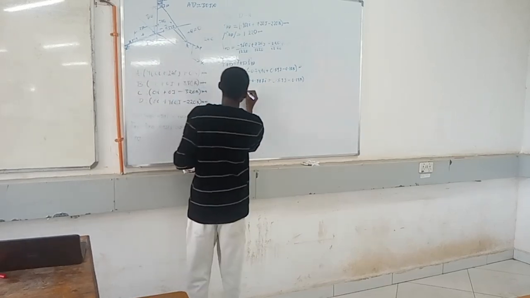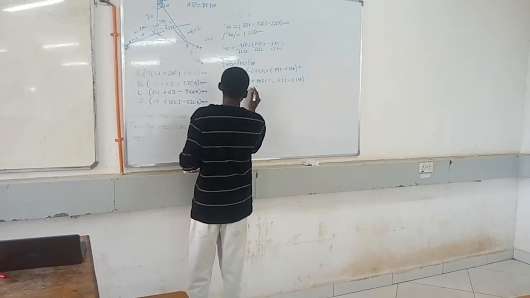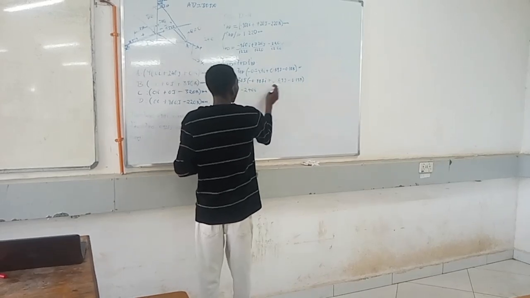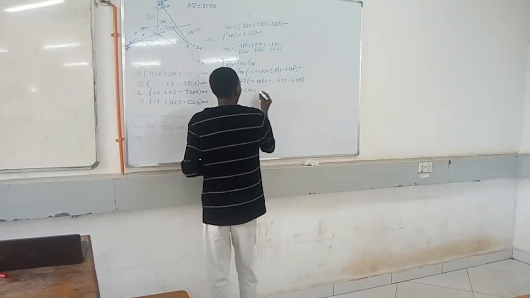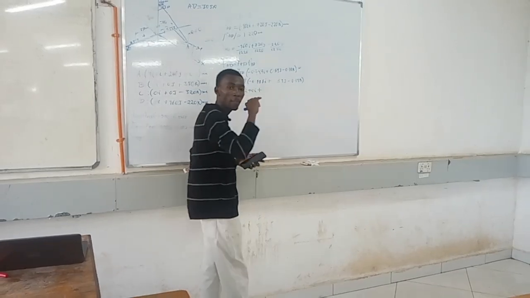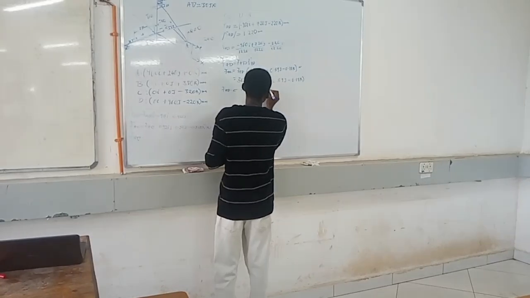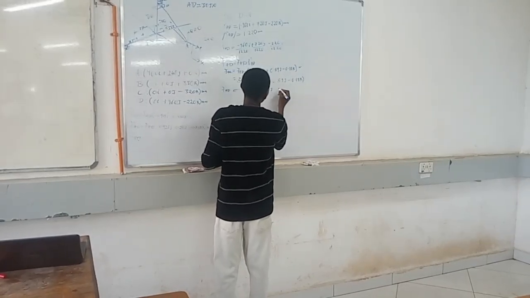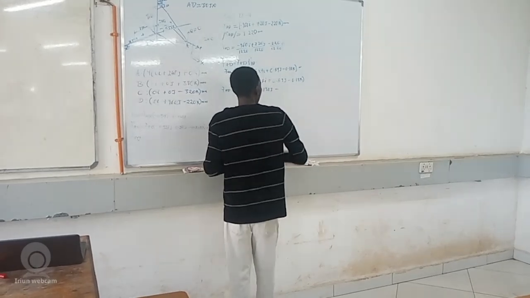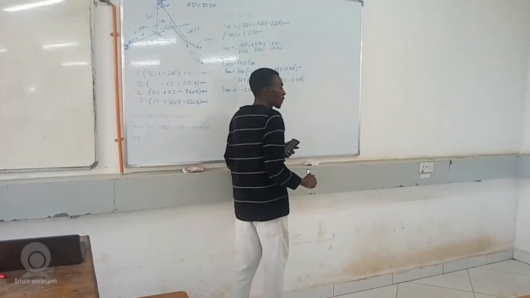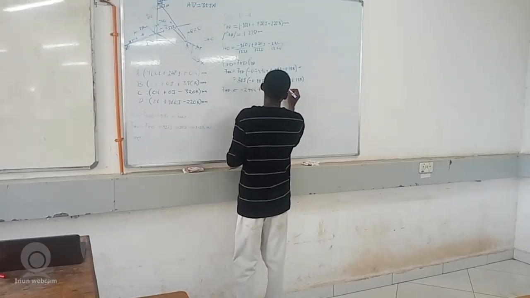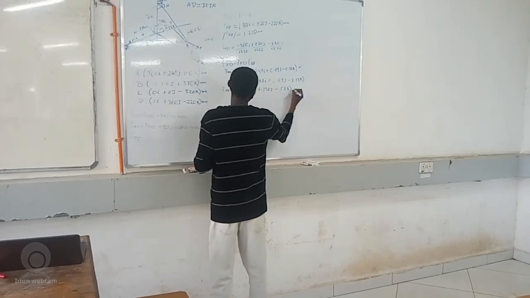Exactly, negative 240 I. Okay? 305 multiplied with 0.59 is 180 J. Minus 305 multiplied with 0.18. What's it? 55 K Newtons.